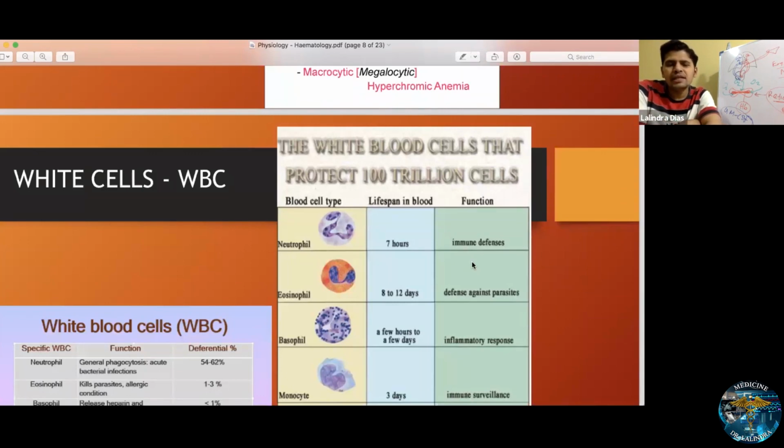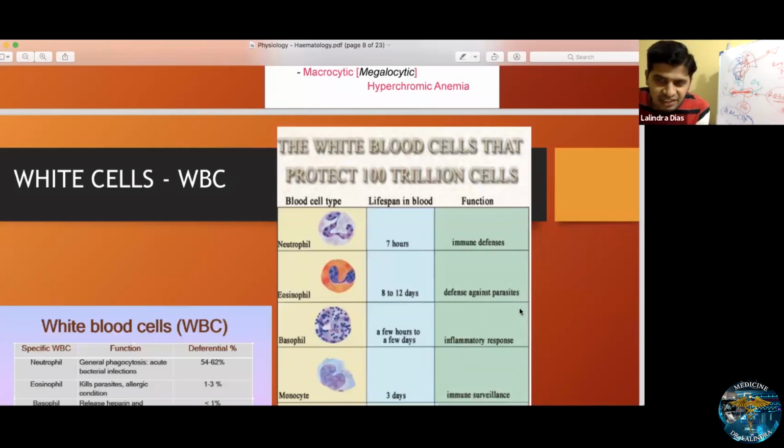Then you have the second cell type called eosinophils. Eosinophils have an 8 to 12 day lifespan, and here you can see their bilobed structure, two lobes. They defend mainly against parasites. Let me give you a practical example.